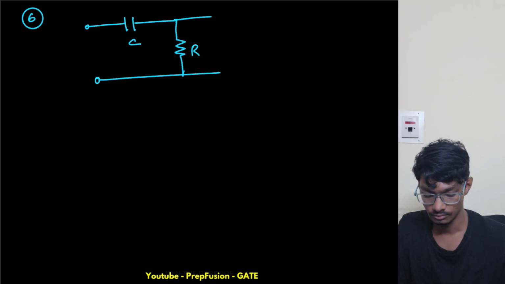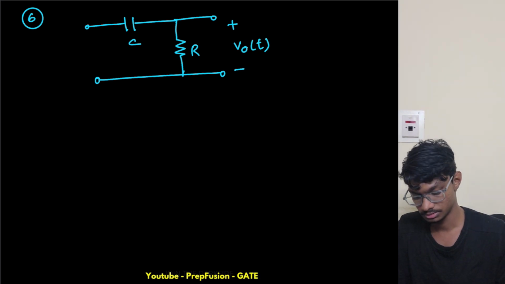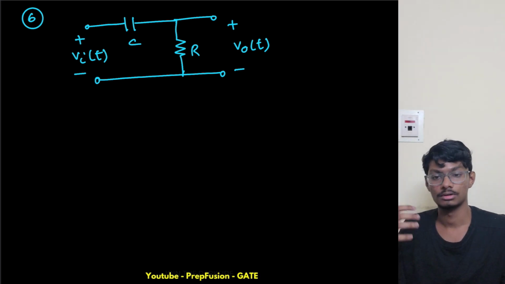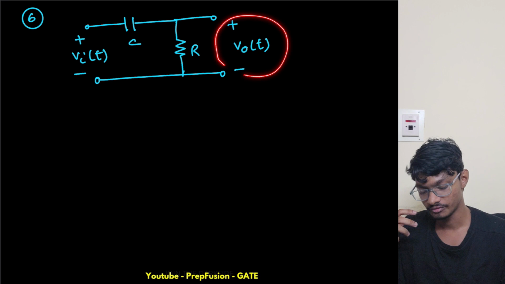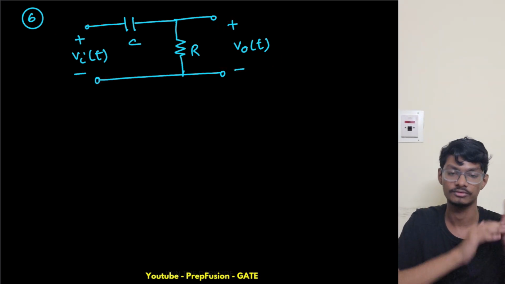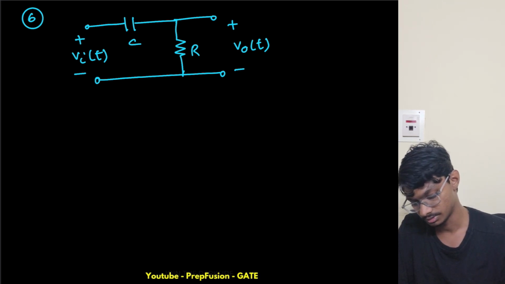And we have one voltage source like this, V of t. So what you have to do is find the ratio of Vo of s upon Vi of s. So Vi is the input, V of t is the input and Vo of t is the output.